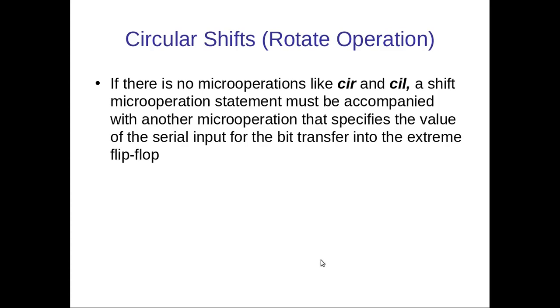In some machines there are no micro operations like CIR, circular shift right, or CIL, circular shift left. A shift micro operation statement must be accompanied with another micro operation that specifies the value of the serial input for the bit transfer into the extreme flip-flop.